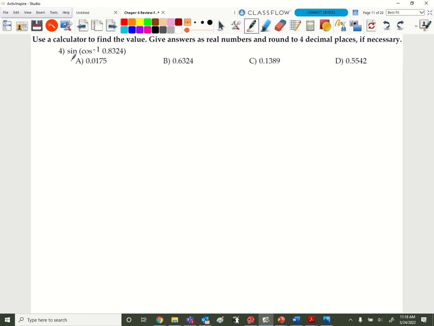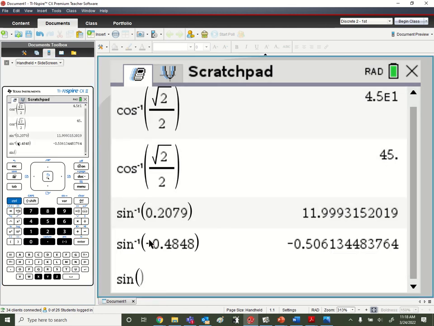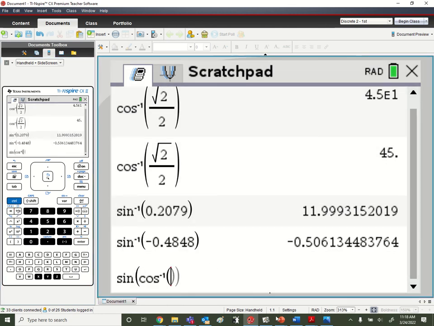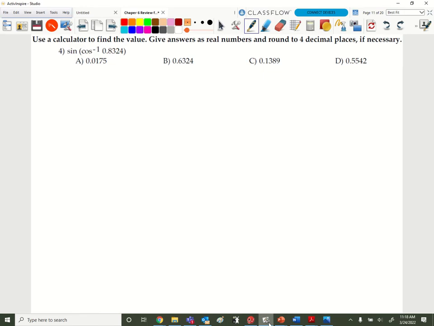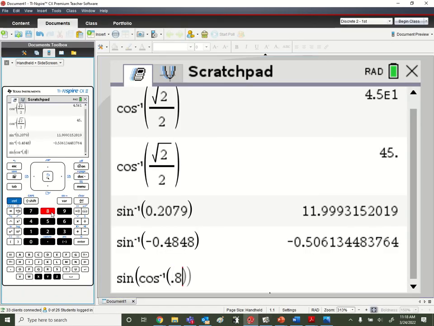Question 4 says sine and inverse cosine. Real numbers, round to 4. So start with sine, no, inverse cosine. Sine on the outside, and then on the inside it goes inverse cosine, and my number is 0.8324.